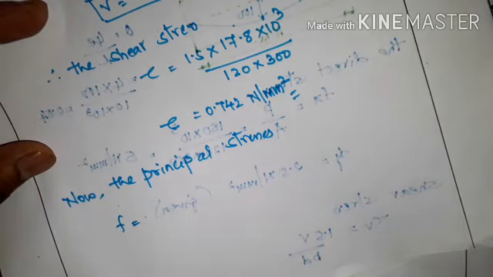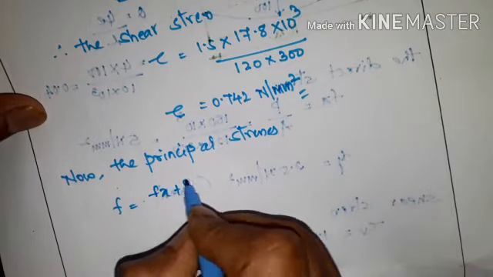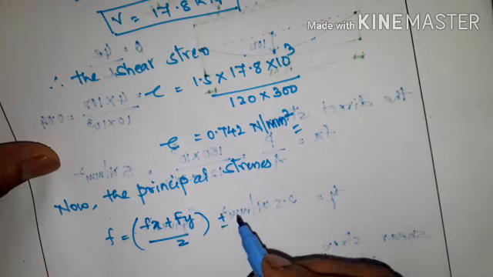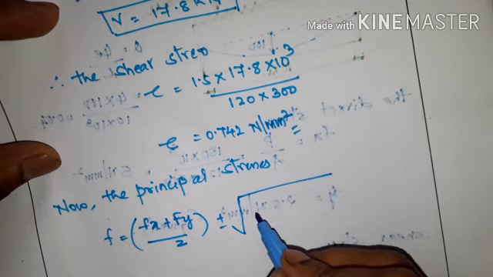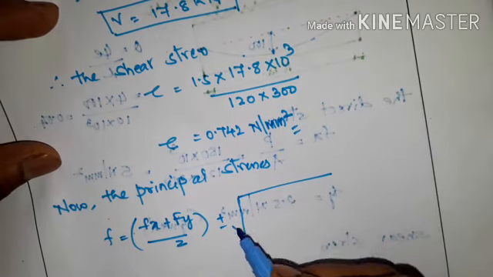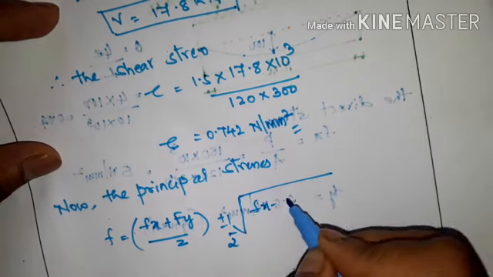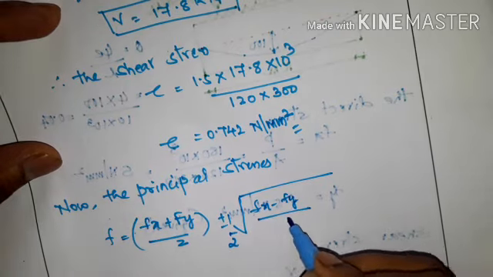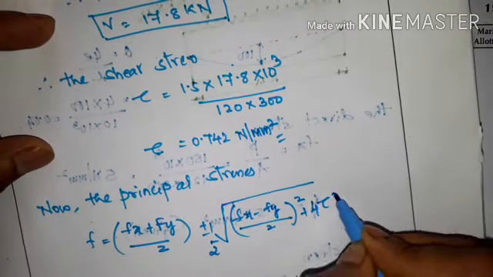So F is equal to (Fx plus Fy) divided by 2, plus or minus half of the square root of ((Fx minus Fy) divided by 2) squared plus 4 tau squared.